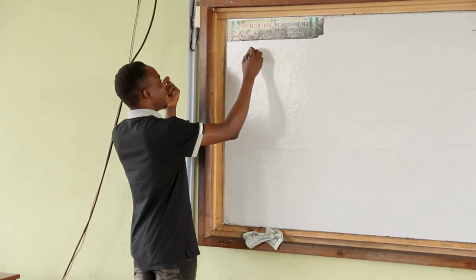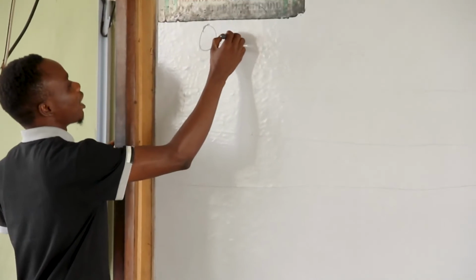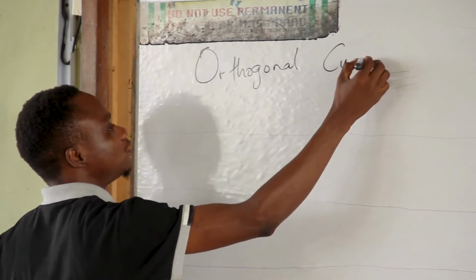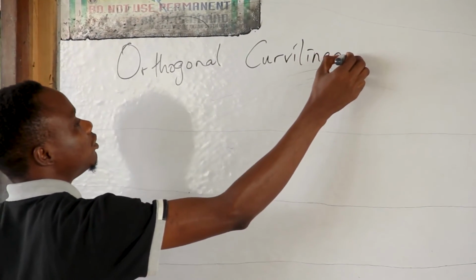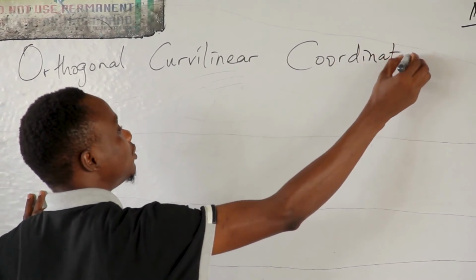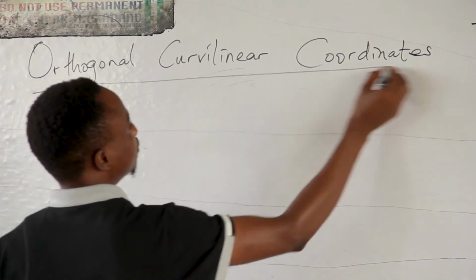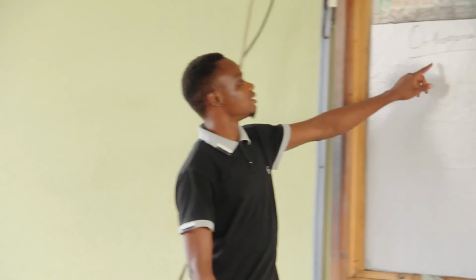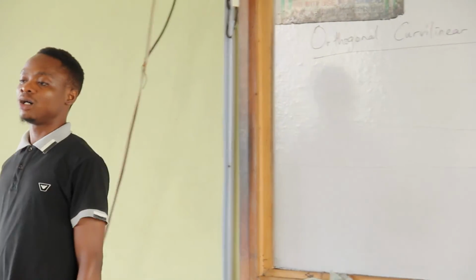Just like curvilinear. So listen. When you hear the word orthogonal, it simply means mutually perpendicular. Just like your Cartesian coordinate system, the XYZ coordinate system is what we have been using so far.